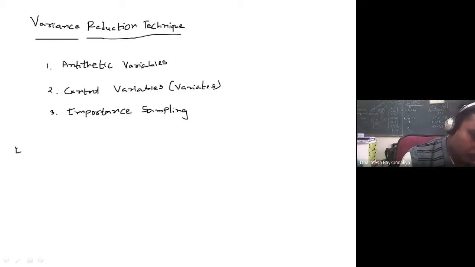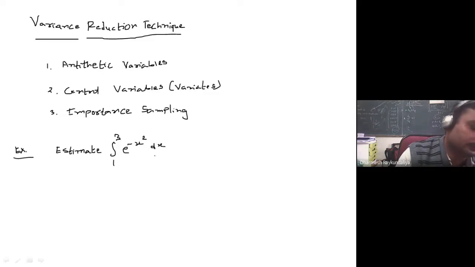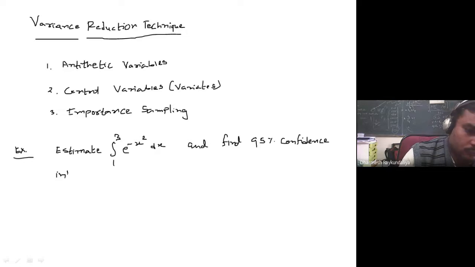This example: estimate the integration over 1 to 3 of e raised to minus x square dx, and find the 95% confidence interval for that integral.